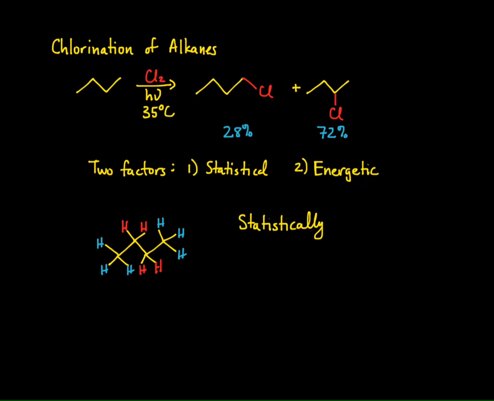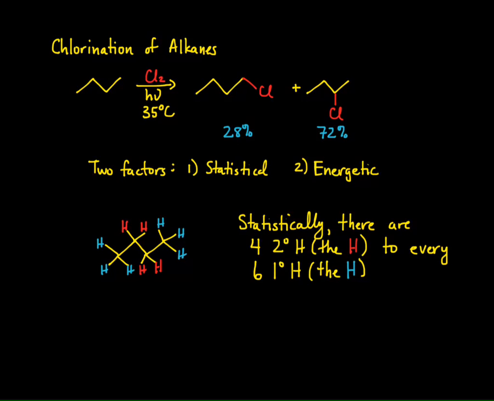And so statistically, I would expect to see essentially a 60% 1-chlorobutane and a 40% 2-chlorobutane as my product distribution, if statistics were the only thing that mattered, right? So because there are 4 secondary hydrogens to every 6 primary hydrogens, I would expect to see a 40% to 60% product distribution.